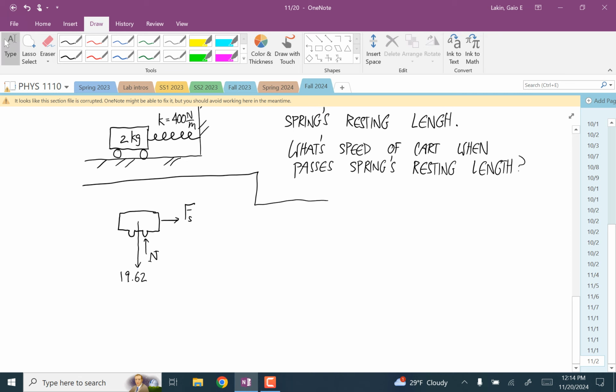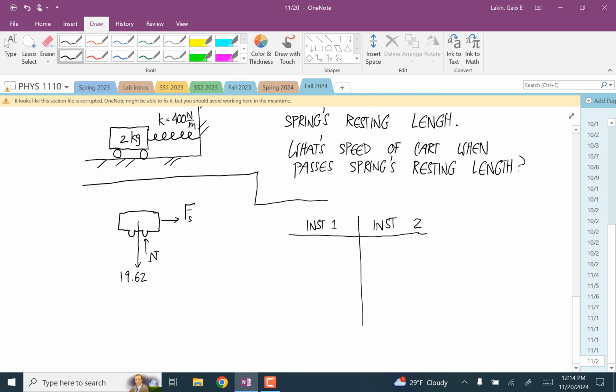Okay, so let's write out a table, and instant 1 is going to be when the spring is stretched 8 centimeters. And instant 2 is going to be when the spring is at its resting length.